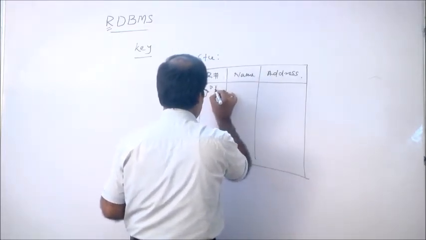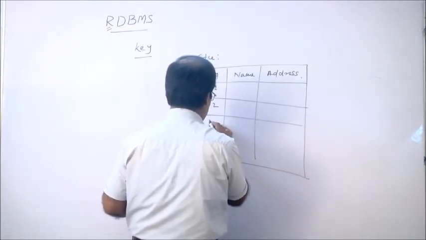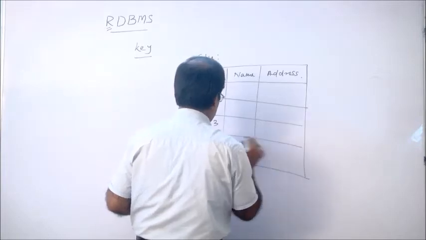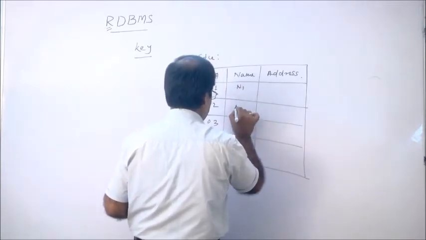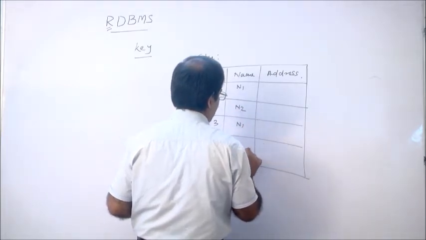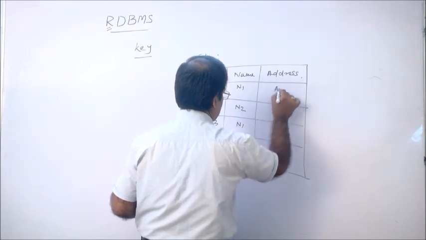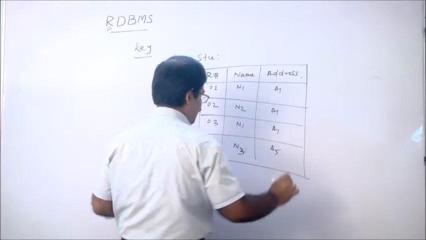Roll number is 1, 2, 3, 4. Name is, suppose, N1, N2, N1, N2 or N3 maybe. Address is A1, A1, A1, A5.